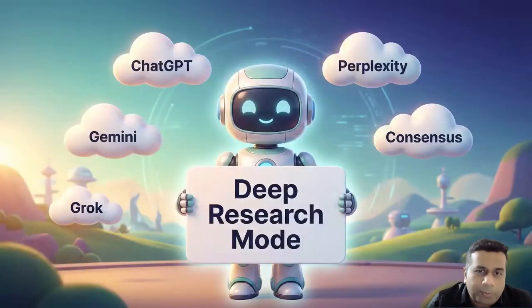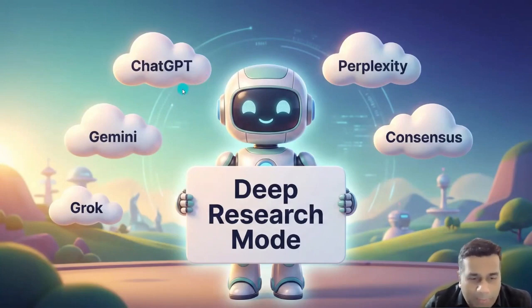All right. Now, in this demo, we will be having a look at 5 different AI tools using their deep research mode. Okay. In this specific session, we will be looking at the deep research features of ChatGPT and Gemini for creating this proposal. In the next session, we will be looking at the deep research features of Grok, Perplexity, and Consensus for the exact same prompt.